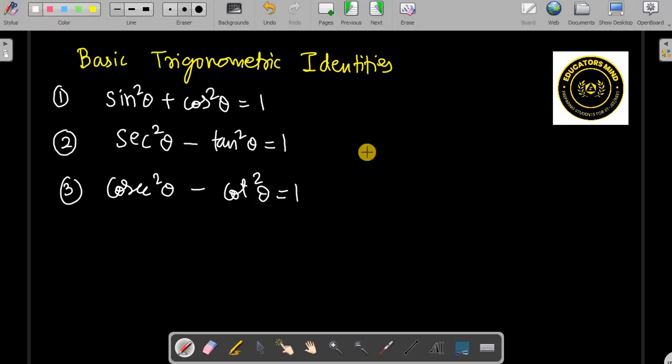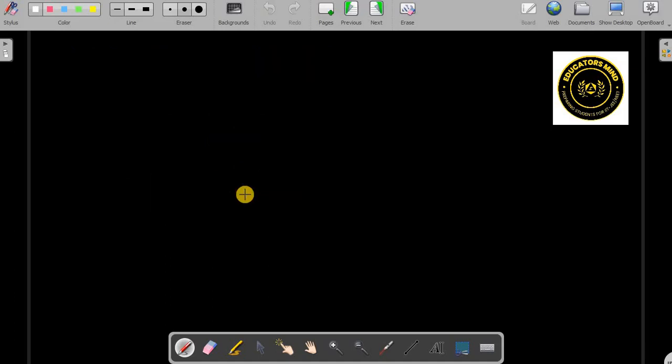Then there are other trigonometric identities based on compound angles and other things. Let us write some prominent, important identities based on compound angles.